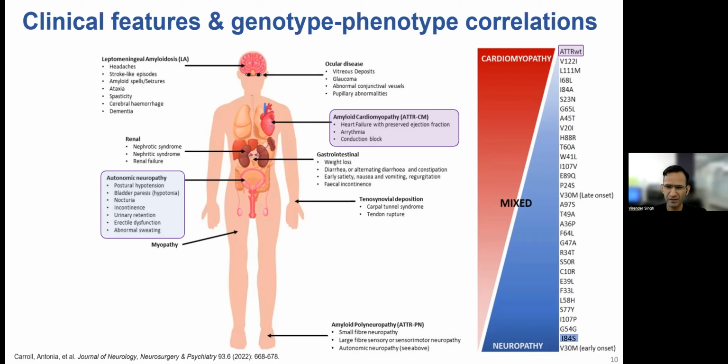But despite this classification, multiple organs could be involved. There could be amyloid deposits in different organs, and there will be a mixed set of cases where the person might have a combination of both cardiomyopathy and polyneuropathy.